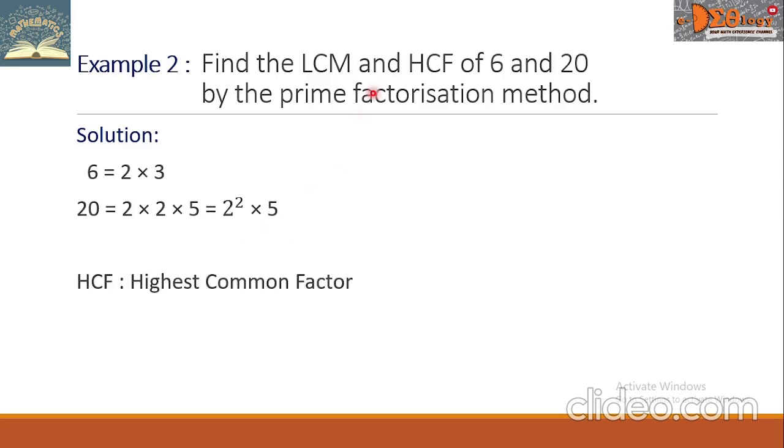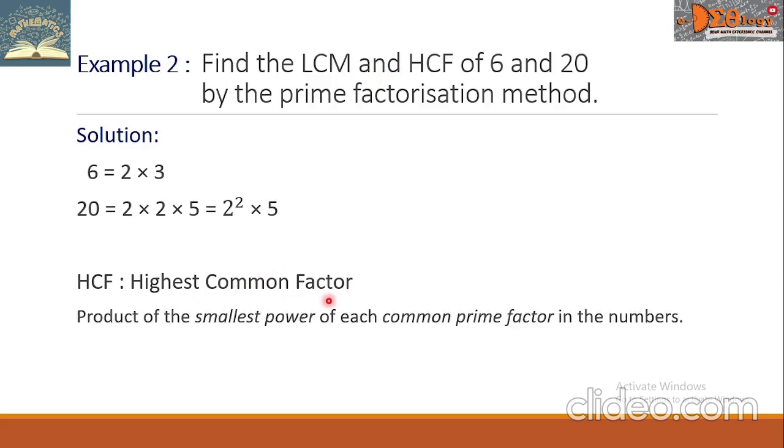Then we have the HCF, which is the highest common factor. By definition, we say that HCF is the product of the smallest power of each common prime factor in the numbers. Looking at the prime factors of 6 and 20, we can see that the common prime factor is the number 2.